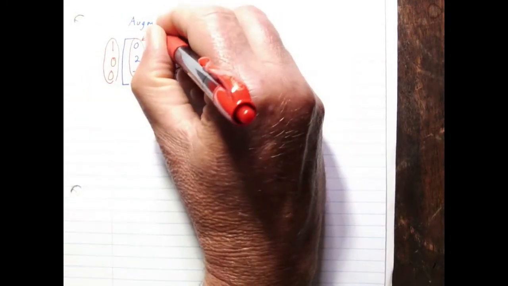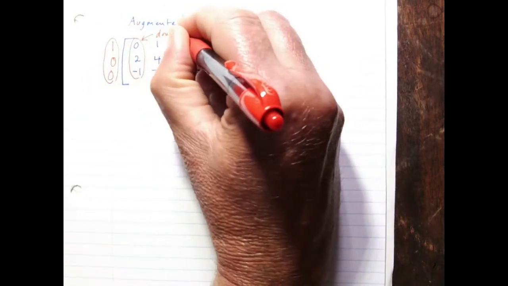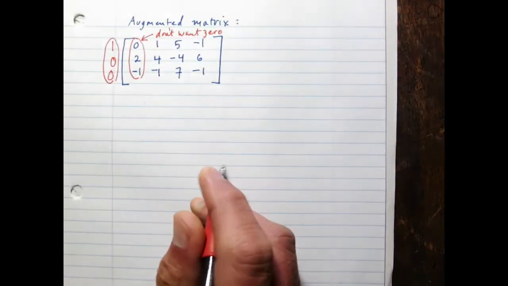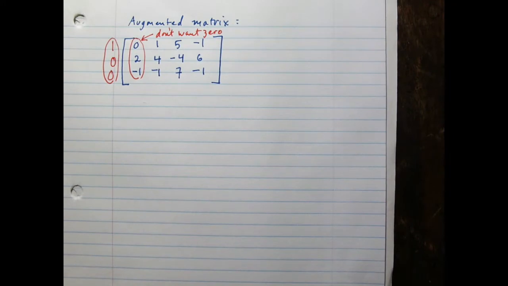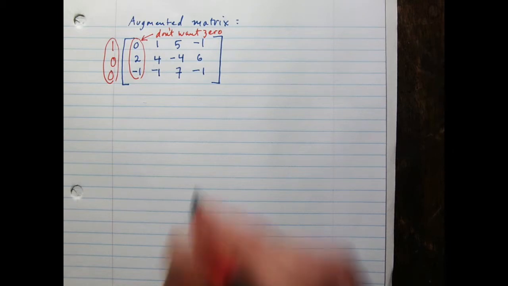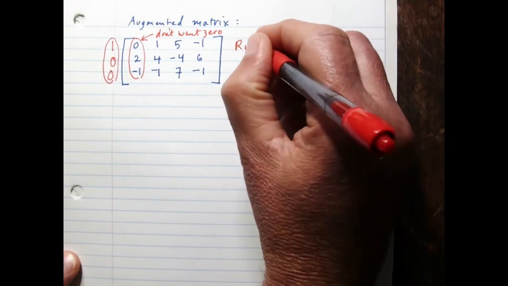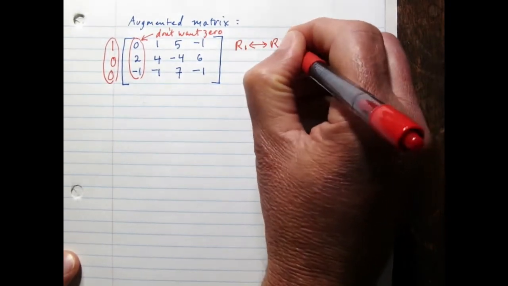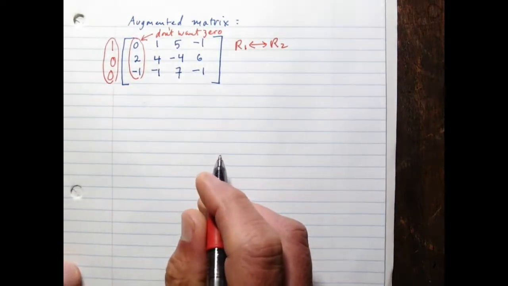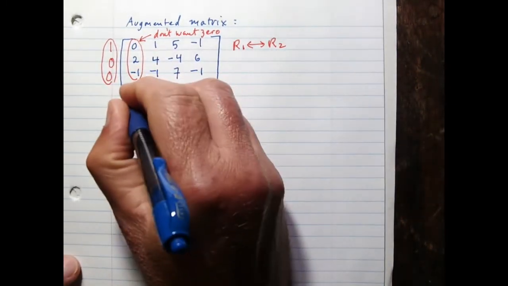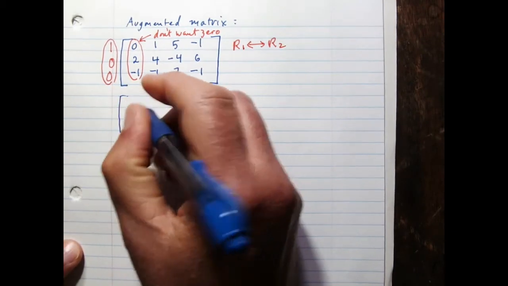So I don't want 0 in that spot. So what I'm going to do here is, this is the first time I'm going to use number 3 of the elementary row operations. I'm just going to interchange row 1 and row 2. You could also interchange row 1 and row 3 if you wanted. That's also a legal move here.